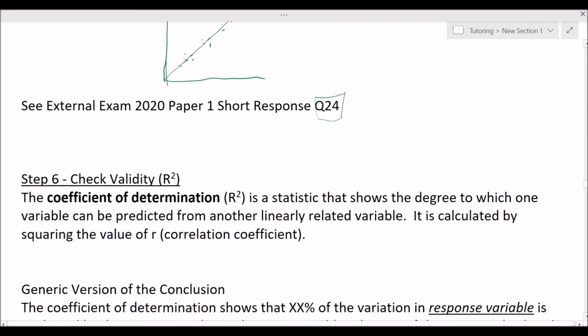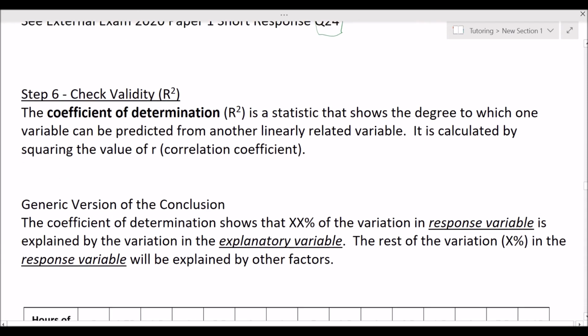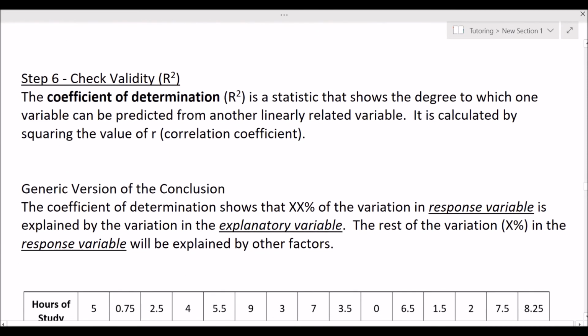All right, now we are going to do step 6, which is to check the validity of our predictions. We can do that with another statistic called the coefficient of determination, not to be confused with the correlation coefficient, though they are related, as you'll see. Now, the correlation coefficient had a symbol of lowercase r. The coefficient of determination has a symbol of uppercase R squared.